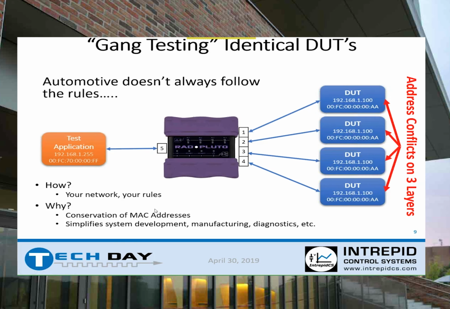So, gang testing, identical devices under test. Automotive doesn't always follow the rules, and what I mean by that is, in the IT world, every piece of hardware having a MAC address is intended to have a unique MAC address. This computer has a unique MAC address. This USB dongle has a unique MAC address.